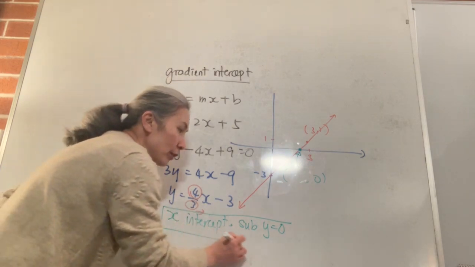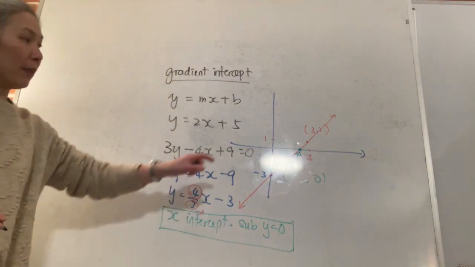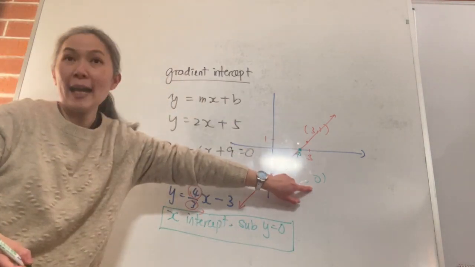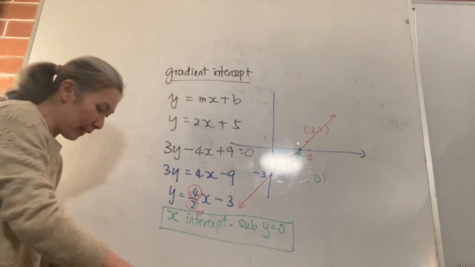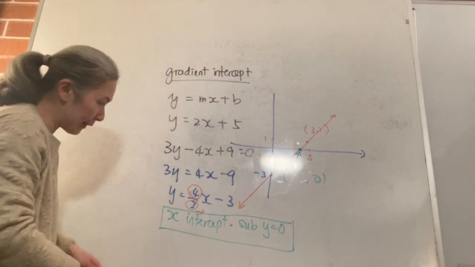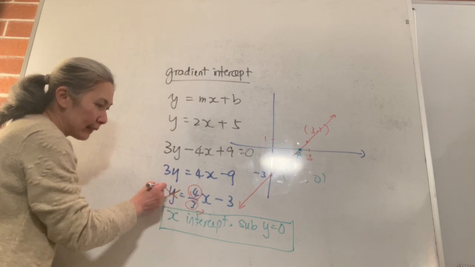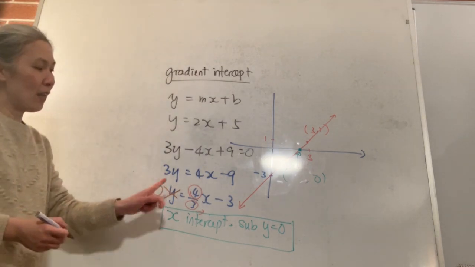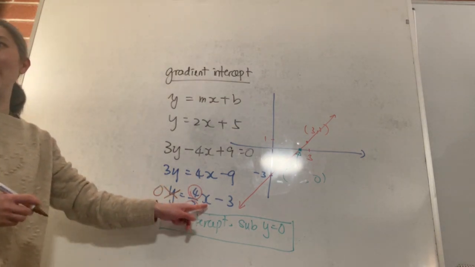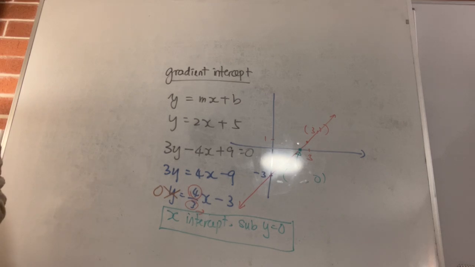This is a new concept I want you to remember, because at this point, the y has to be 0. So your job is to replace the y as 0 and then solve for the x. That will help you to find out the x-intercepts.